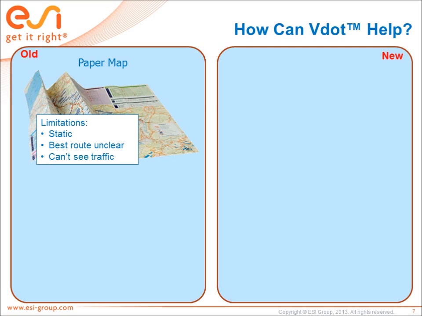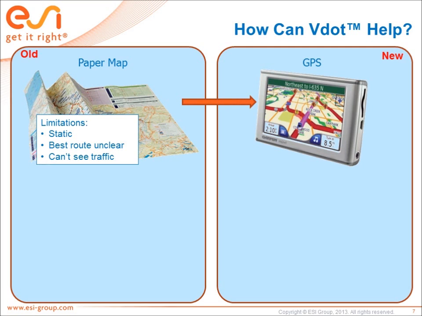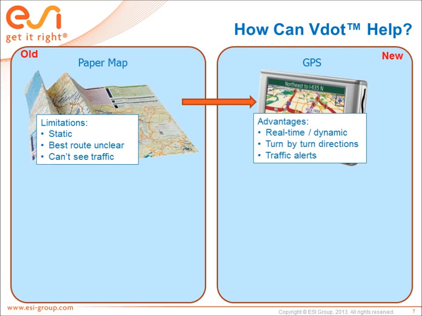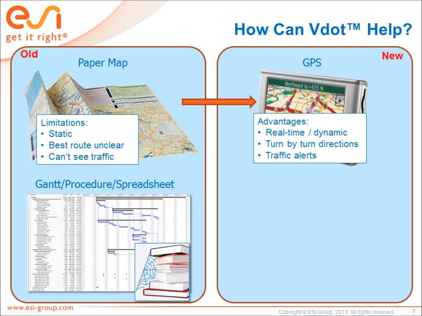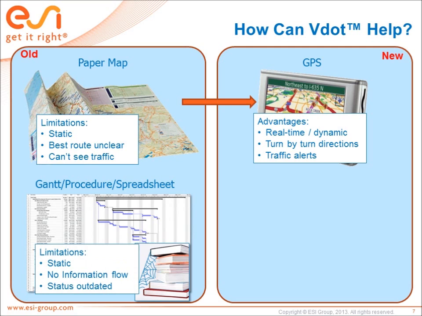What about traffic conditions? A better solution for our trip is to use a GPS, which has a number of advantages. It provides real-time feedback on our position and provides turn-by-turn directions and traffic alerts to ensure we are taking the most efficient route. A typical Gantt chart or spreadsheet approach to managing a project is analogous to the paper map.